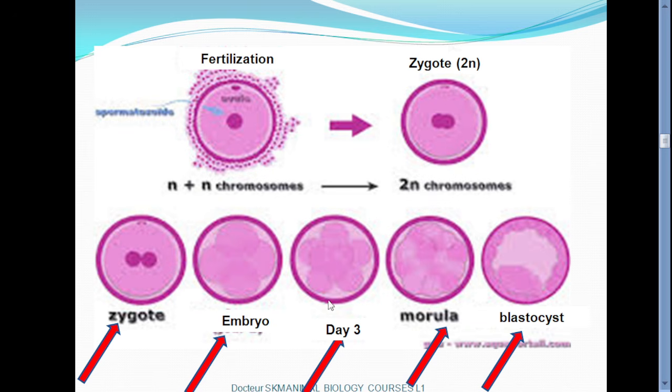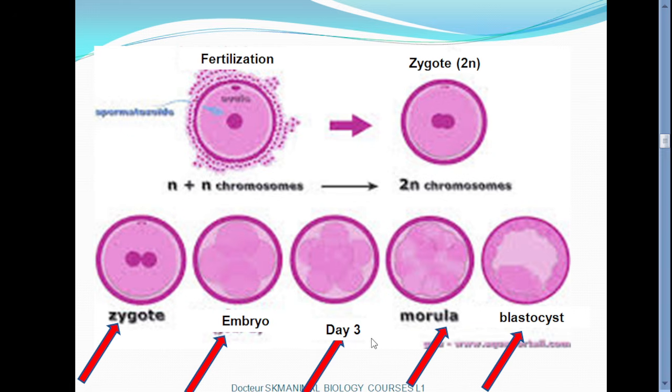Let's follow this example. It is an example of a human egg. So after the formation of the diploid nucleus, the zygote will start to divide, firstly into 2 cells, after that into 4 cells.